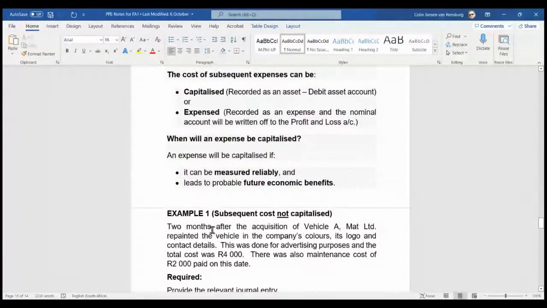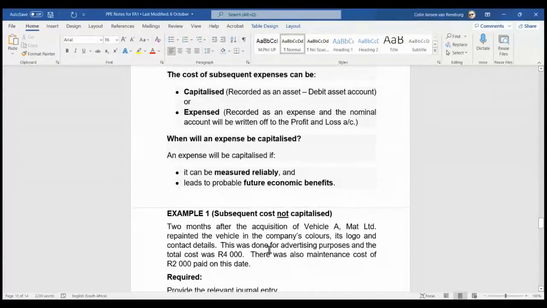They say here in this example, 2 months after the acquisition of vehicle A, Matt Limited repainted the vehicle in the company's colors, its logo, and its contact details. So they paint on there their telephone number and their email address and their website URL and all those kinds of things.